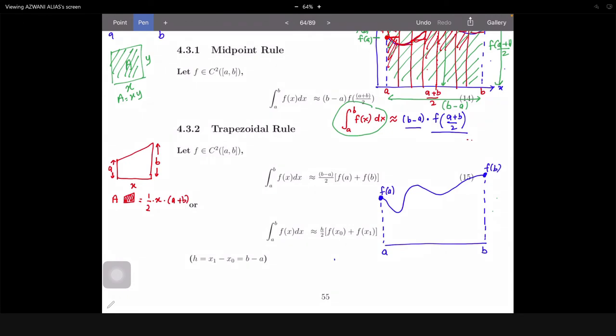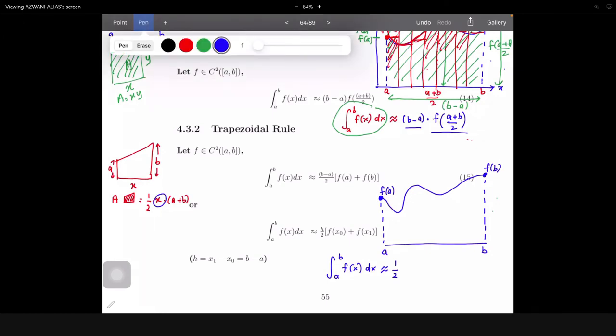So the integration from A to B of the function f(x) with respect to x using the trapezoidal rule is one half, times the base, which is B minus A. Our base is B minus A, right? So B minus A multiplied by the height, the value here plus the value here, f(A) plus f(B). So this is what you will get.